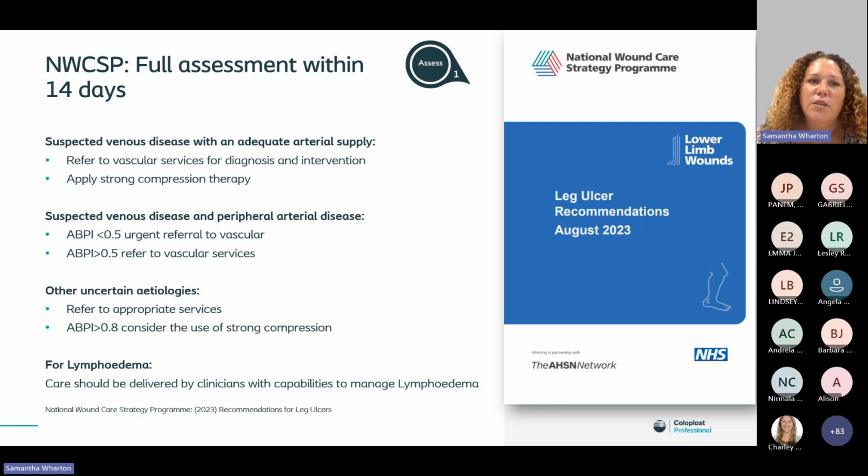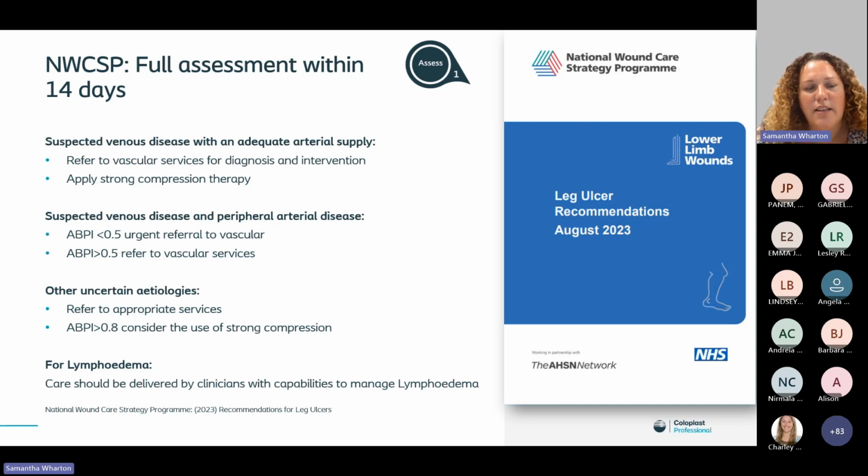So within that full assessment, within the 14 days, if there's suspected venous disease with an adequate arterial supply, refer to vascular services for diagnosis and intervention, and apply that strong compression therapy. If there's suspected venous disease and peripheral artery disease, so if the ABPI is less than 0.5, urgent referral to vascular.